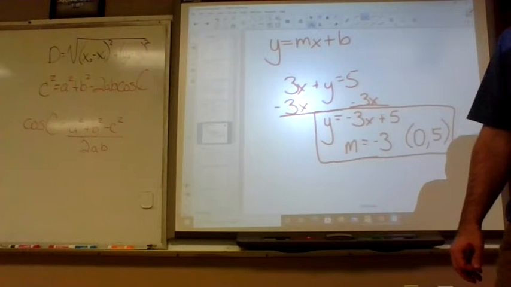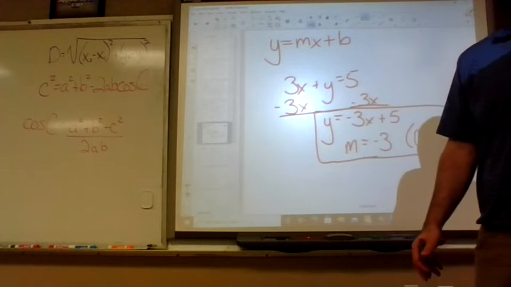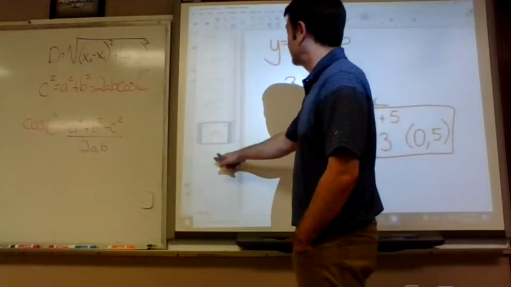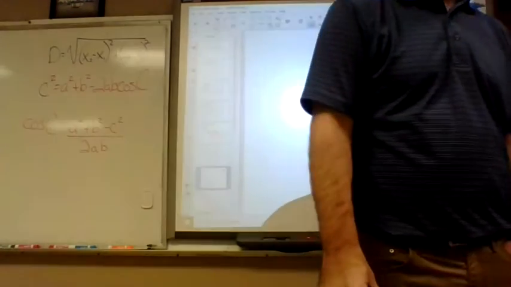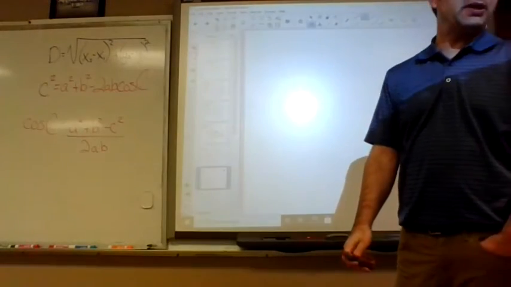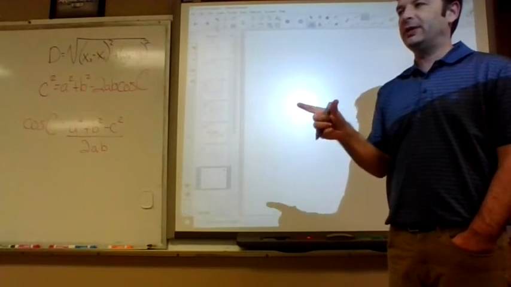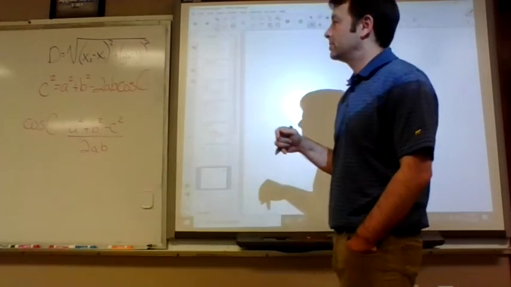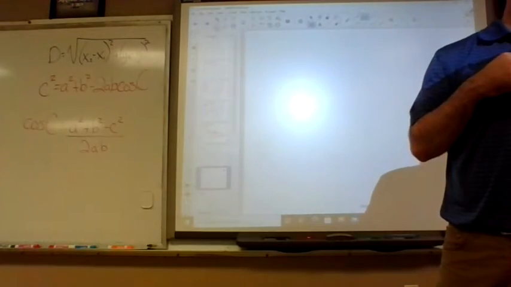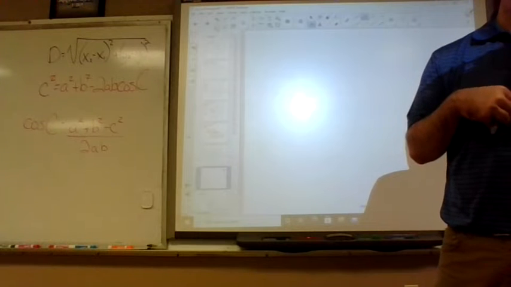Number 17, x plus 7y equals 14. You have to subtract the x just like the other one, but you'll have a negative in front of the y, which means you have to divide everything by -1, and it'll switch all the signs.